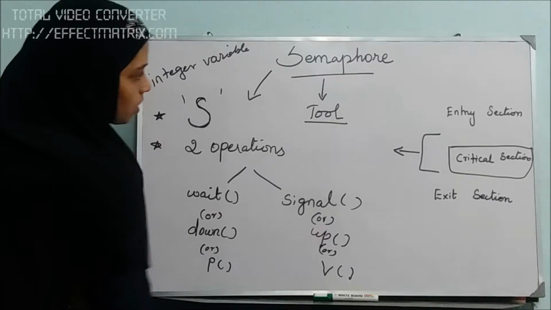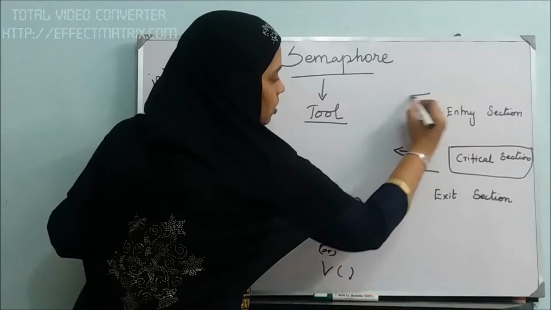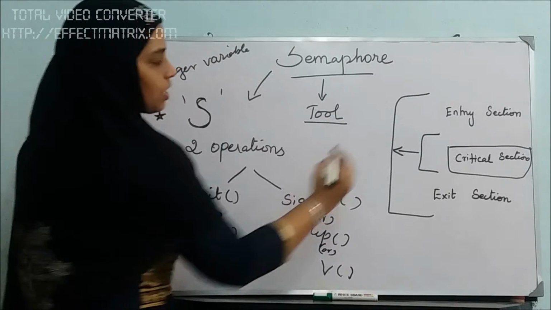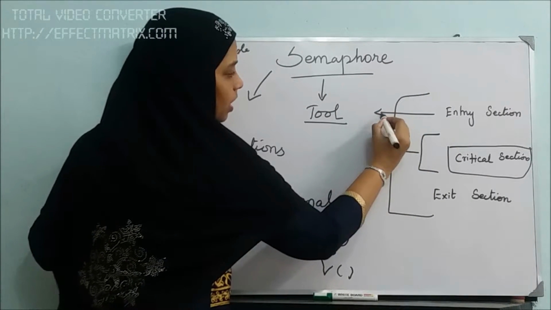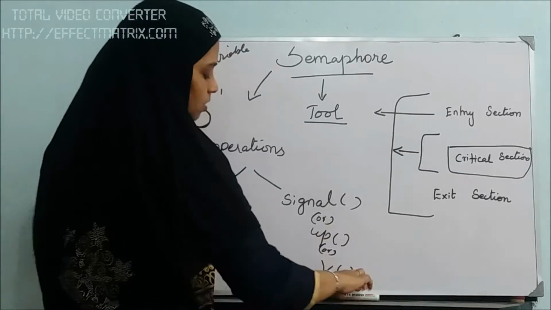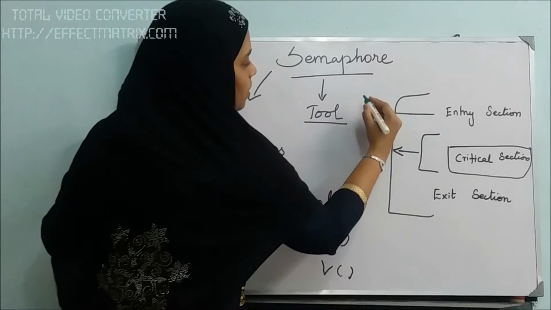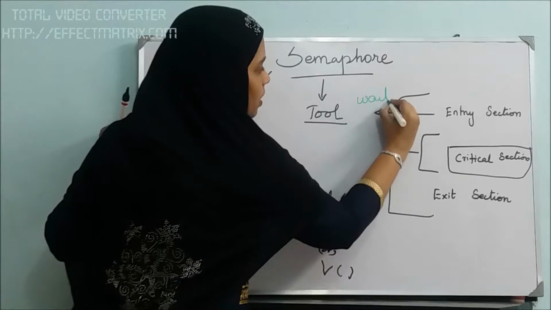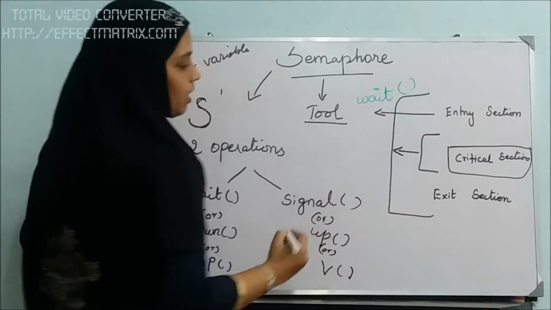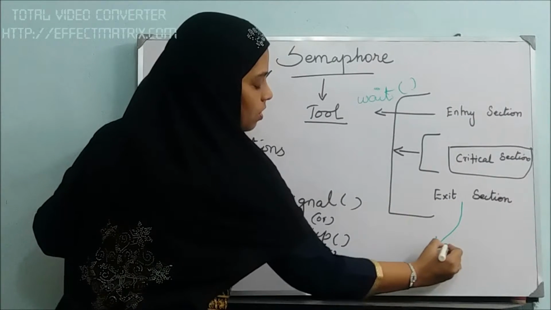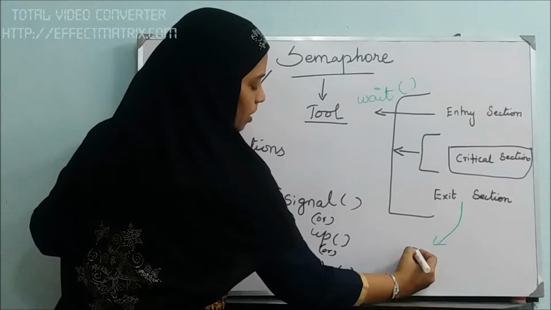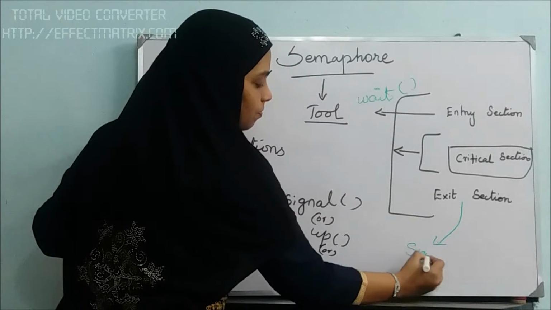Now the process structure code is this one. The entry section of each process is taken over by the wait operation. Likewise, the exit section of each process is taken over by the signal operation.